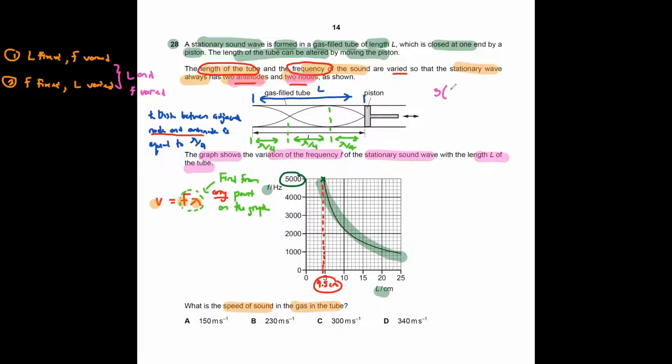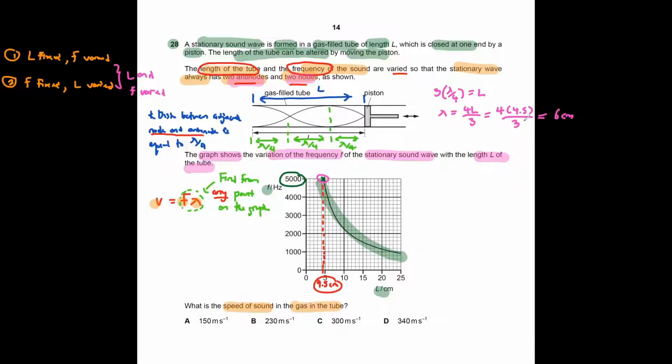So 3 quarter lambdas equals L. Lambda will actually be 4L over 3. So look at the point that you have chosen. The L is actually 4.5 centimeters. So I can say that it's 4 times 4.5 divided by 3, giving me a value of 6 centimeter.